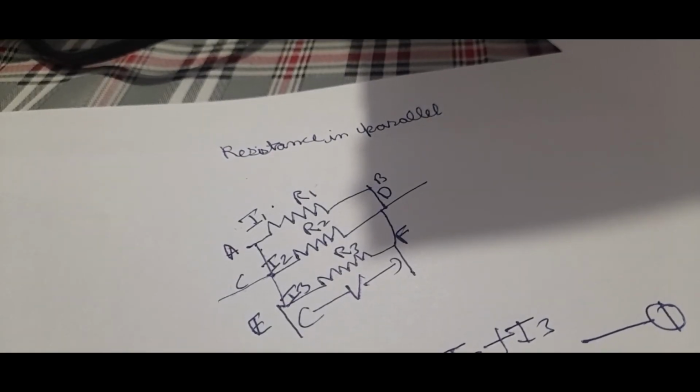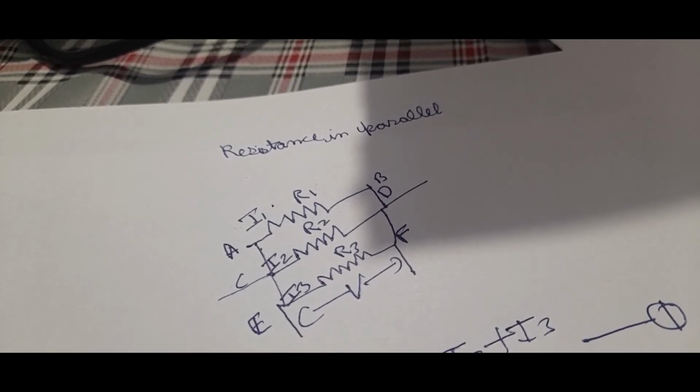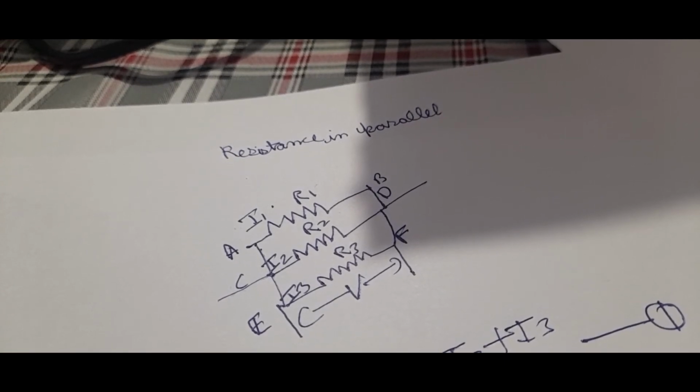Now what is resistance in parallel? Now we are going to learn about resistance in parallel. If these conductors are joined to the same 2 points, A, C and E joined together, and B, D and F joined together, then they are said to be joined in parallel.